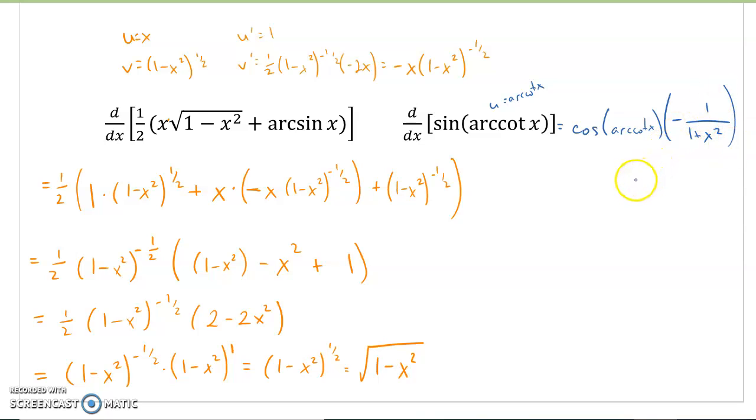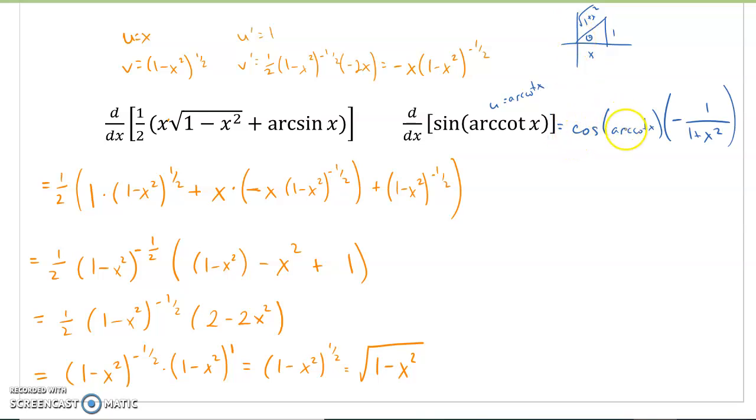And I suppose we could leave the answer like that. Or we could say, well, the cosine of the arc cotangent. Well, let's see. If some angle theta has a cotangent of x, then we have the square root of 1 plus x squared as our hypotenuse.